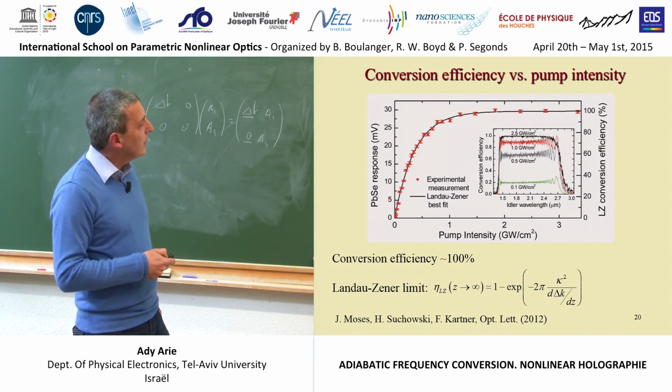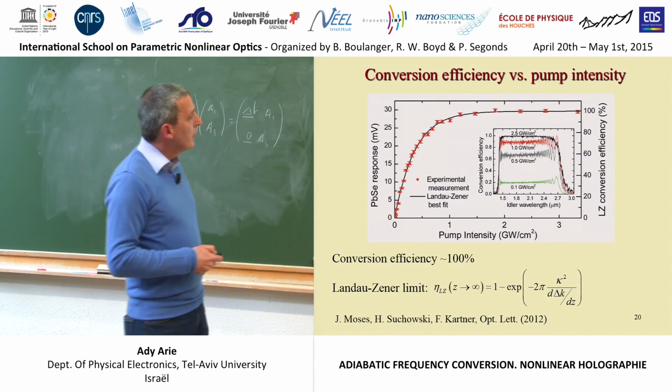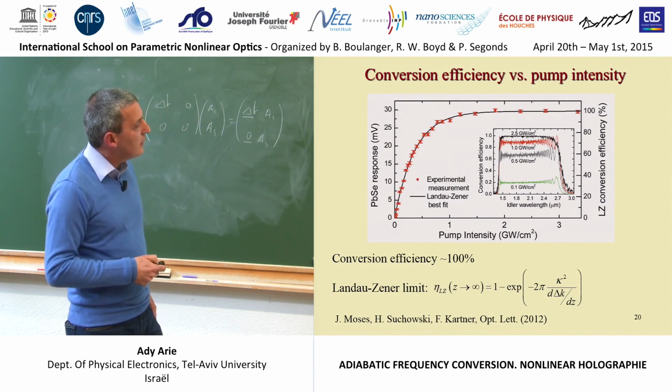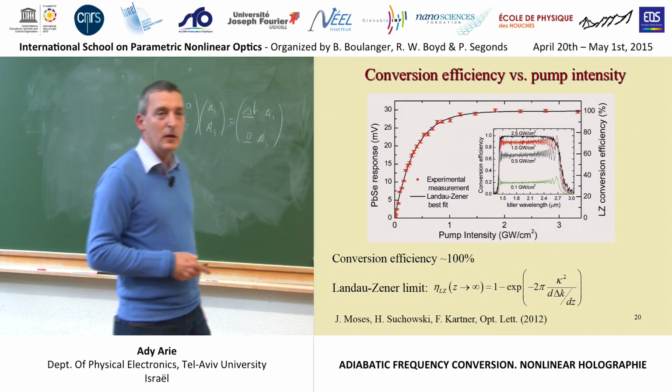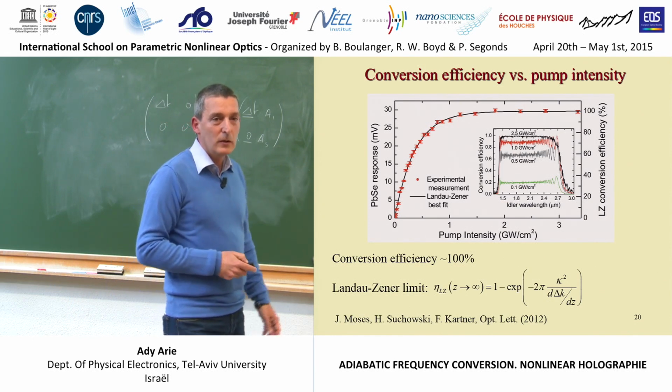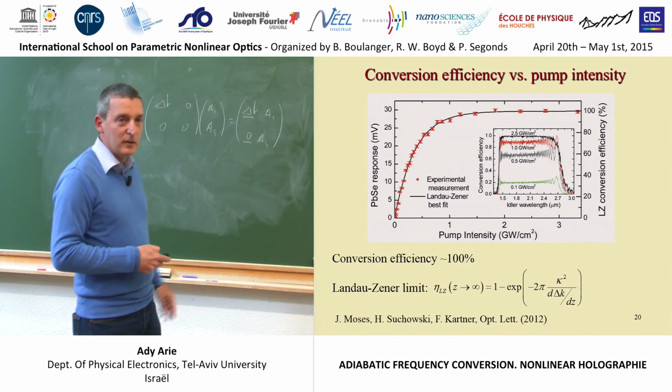And also you can pump with less power, and then it follows this Landau-Zener criteria. And the other thing you can already see, this is a very broadband process. You have the same efficiency from 1.5 to around 2.7 micron. 100% efficiency over 1,200 nanometers, which is not bad. But I'll show you better results later.